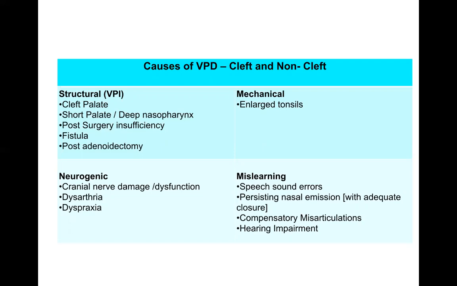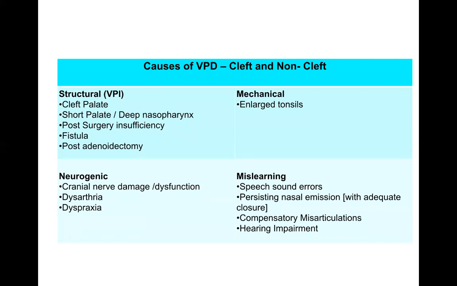And maybe some of you have come across in the literature where some authors will talk about velopharyngeal insufficiency, or velopharyngeal inadequacy, or velopharyngeal incompetency. And those are all different terms that are used to actually track back to the cause of the VPD.